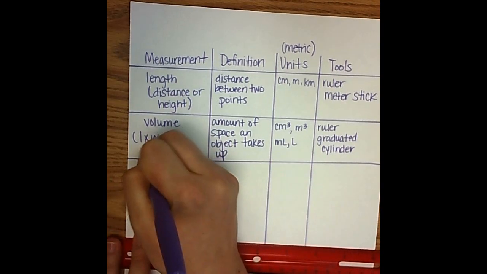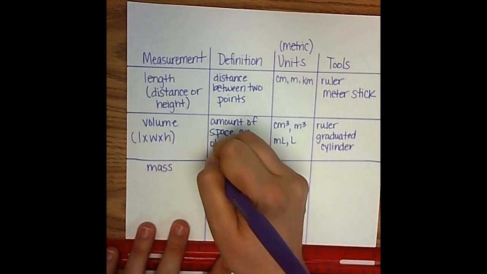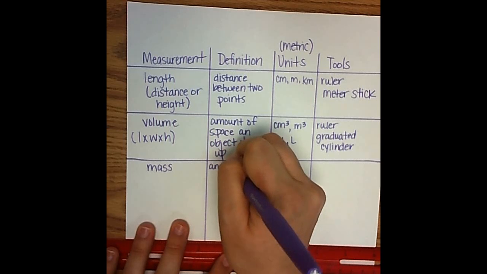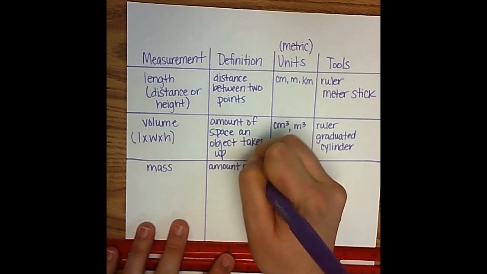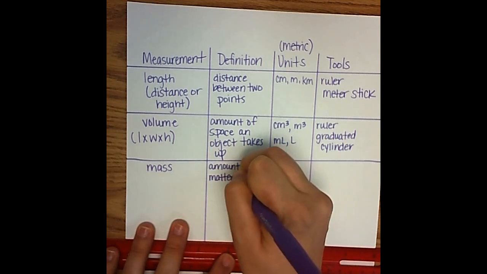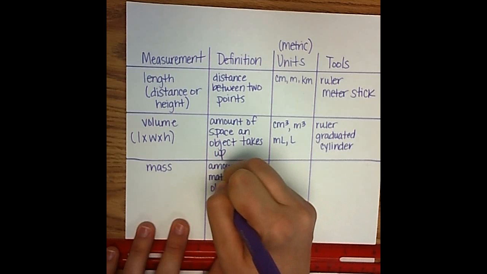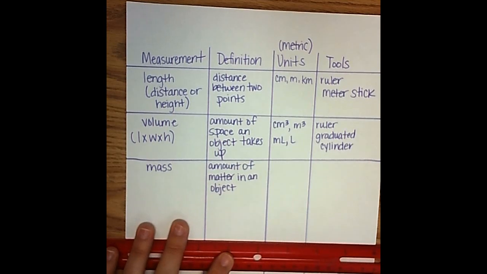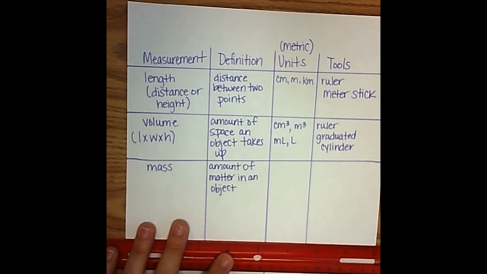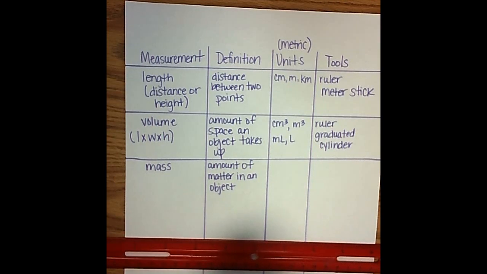Alright, another piece of data that you can collect is mass. And mass is the amount of matter in an object. Remember, we're collecting data. Okay, so we may change something and we may want to see if the amount of matter in that object has changed.